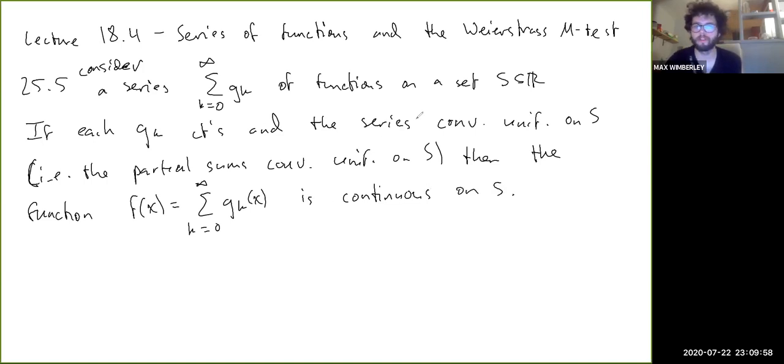So if we're assuming the series converges uniformly on S, then f is automatically defined on all of S, but it also turns out to be continuous. The proof is extremely simple.